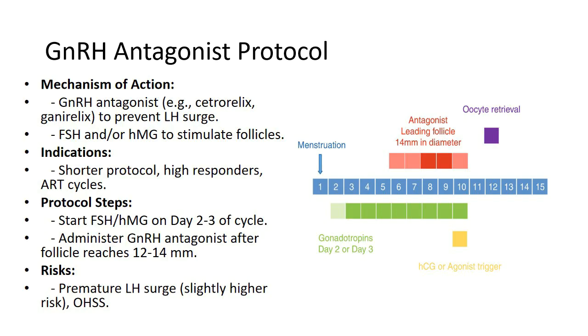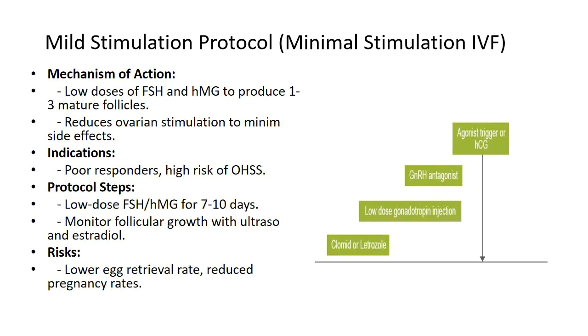2. Mild stimulation protocol, minimal stimulation IVF. Mild stimulation protocols aim to use lower doses of gonadotropins to minimize the number of eggs retrieved. This approach reduces side effects such as ovarian hyperstimulation syndrome, OHSS, and is more natural in its approach.